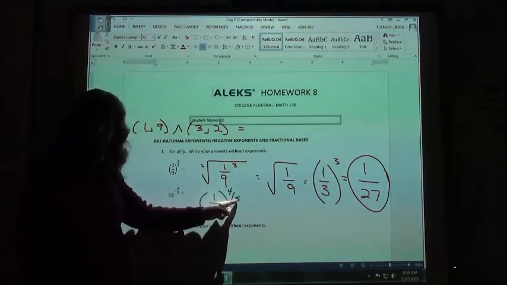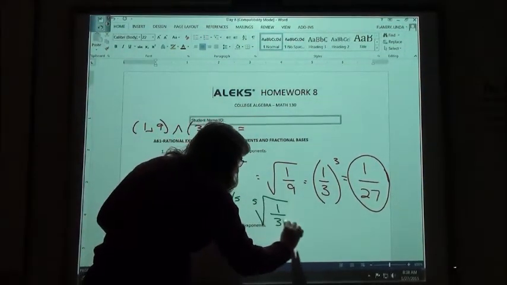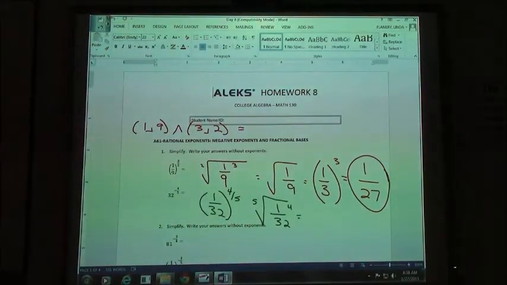So my denominator is 5. I'm going to do the 5th root of 1/32 and take my answer to the 4th power. The 5th root of 1/32. What would be the 5th root of 1/32? The 5th root of 32 is? No?